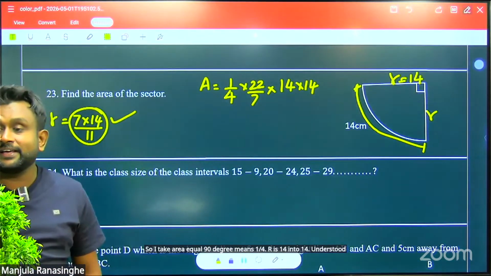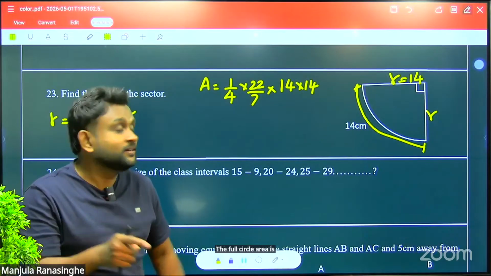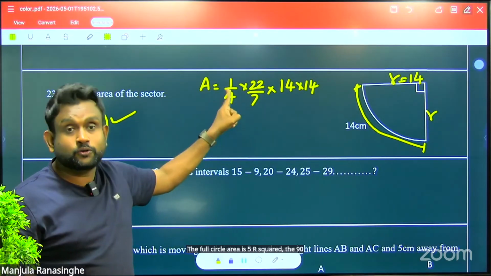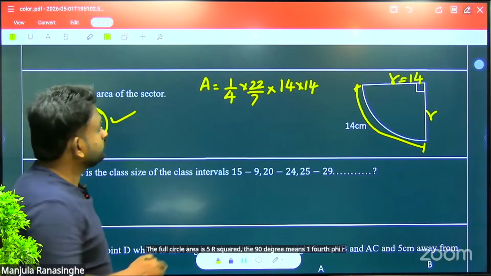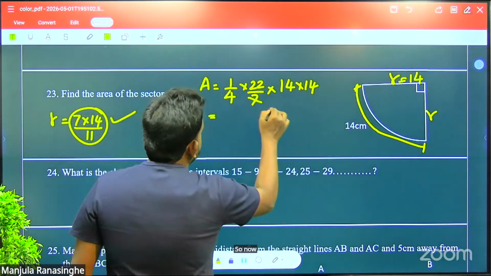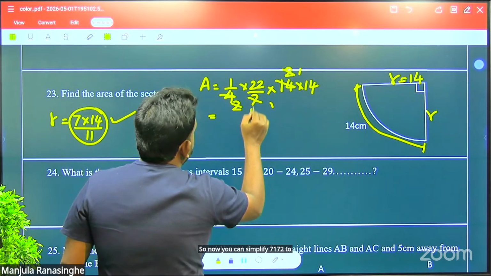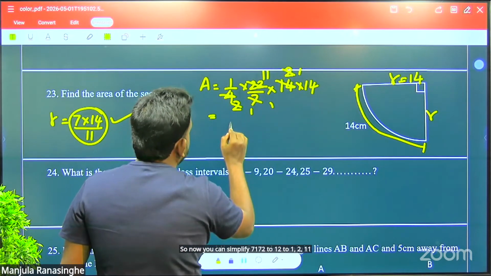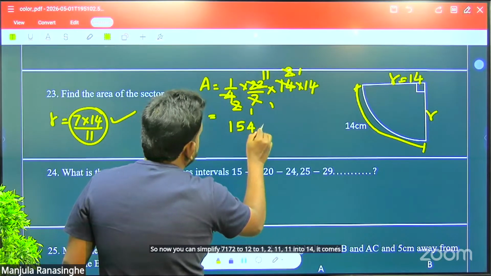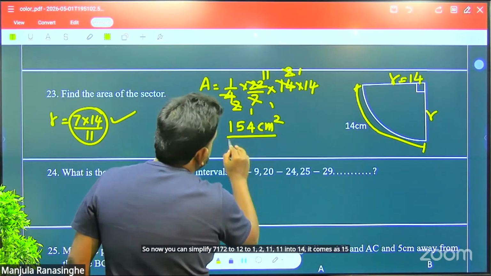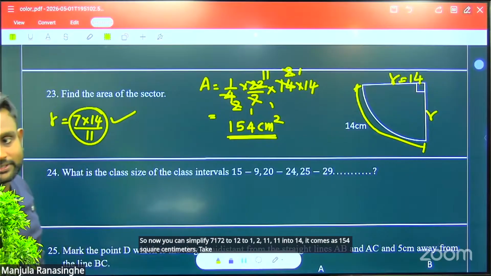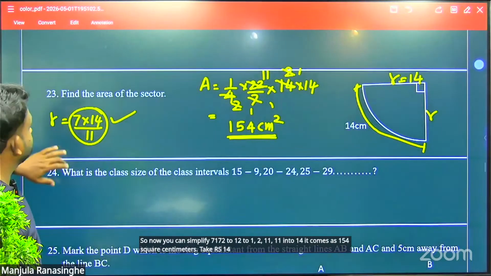The full circle area is πR squared, then 90 degrees means 1/4 πR squared. Now you can simplify, and 11 into 14 comes as 154 square centimeters. Take R as 14, not the arc length.